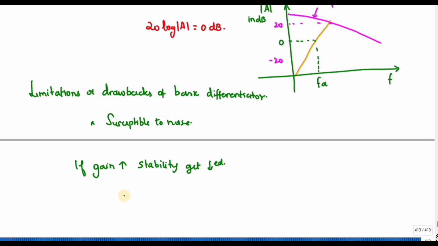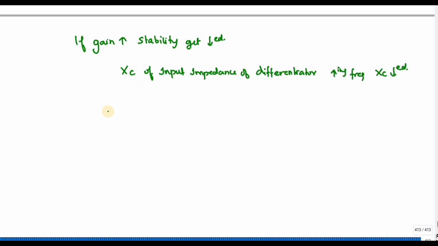Here the input impedance of the differentiator is XC, right? So if I increase the frequency, this XC gets decreased. So at high frequency, the stability gets decreased and the gain gets increased, right?